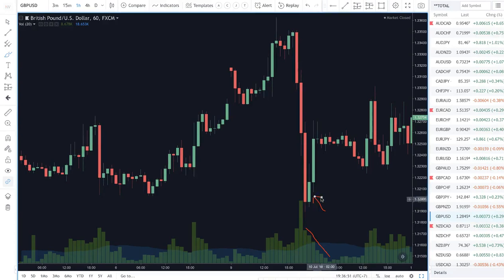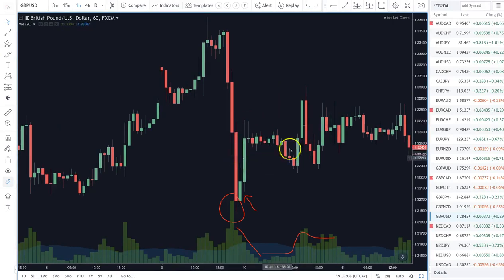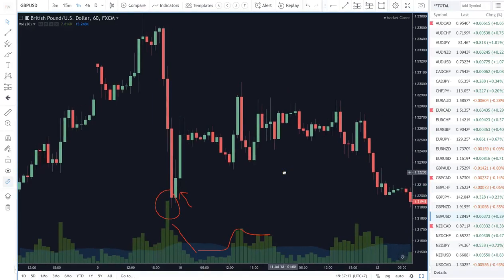Very, very powerful. Look at the volume. Dead, dead, dead, dead. Little pullback there. Dead, dead, dead, dead. Nothing compared to this guy, right? So as you're looking at this, you're starting to see, okay, well, this is going to become an opportunity for a sell again. But always remember one thing.